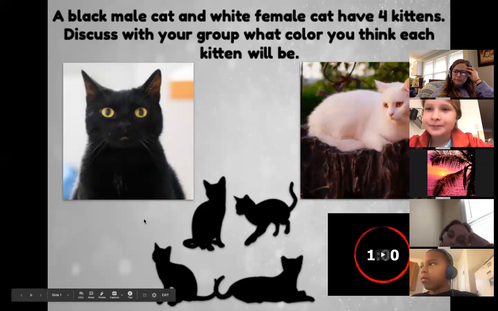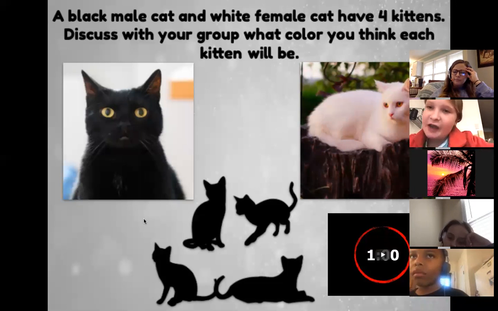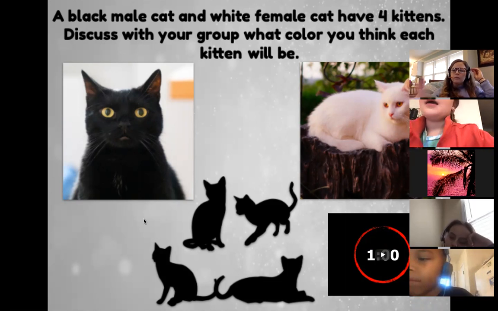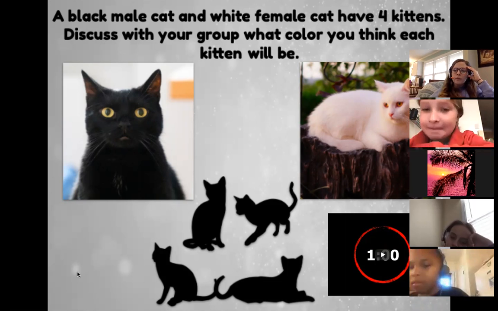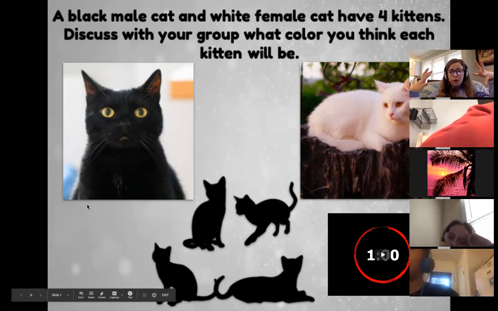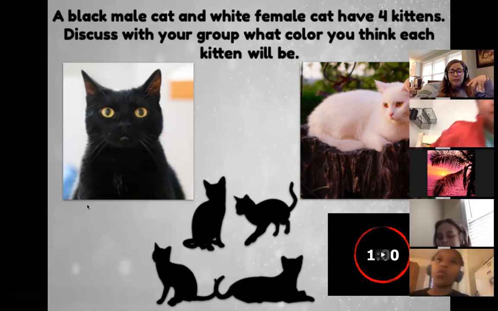Because if the mom and dad are black and white, then black and white together makes gray. So then it would be like a 50-50 chance.